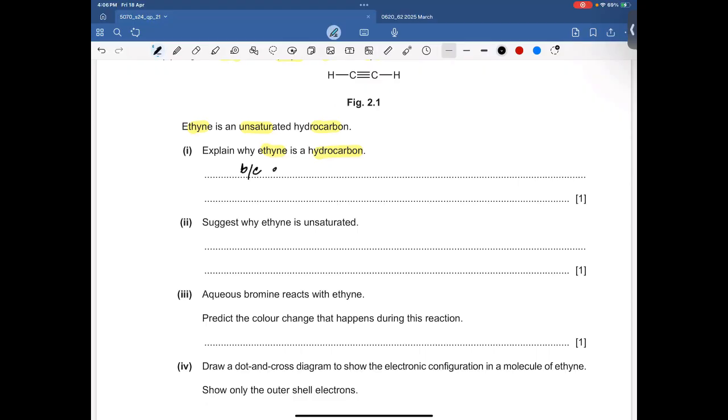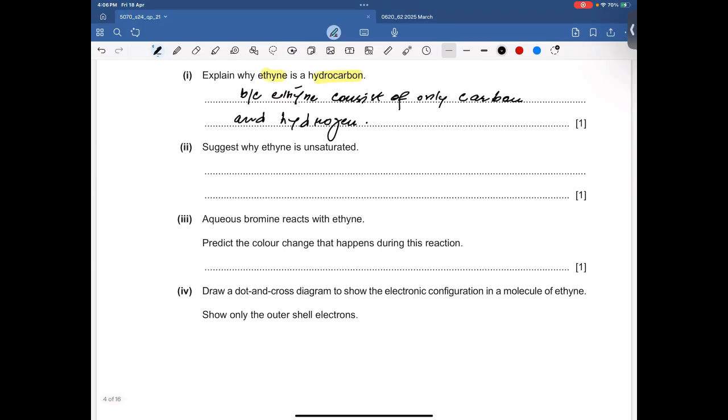Because ethyne consists of only carbon and hydrogen.